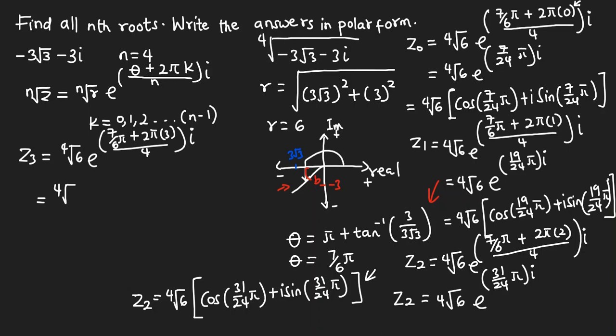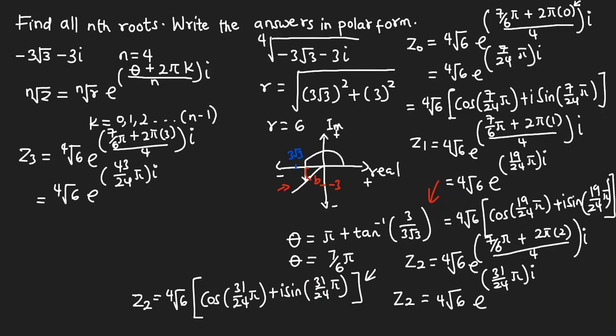You get the fourth root of 6 multiplying e to the power 7 over 6 pi plus 6 pi divided by 4, and this will give us a value of 43 over 24 pi, and then our i.